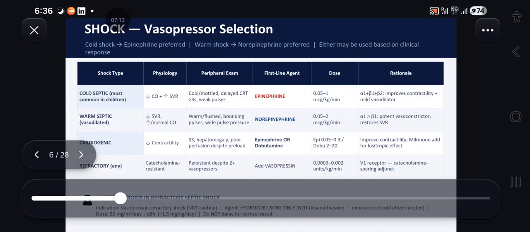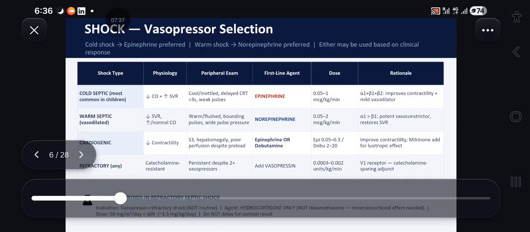In cardiogenic shock, as we said, the pump machine is the problem. There is heart failure, so I need a vasopressor acting on the heart. At this time, I need something to increase the contractility of the heart, so I will use epinephrine or dobutamine, and in some cases milrinone.